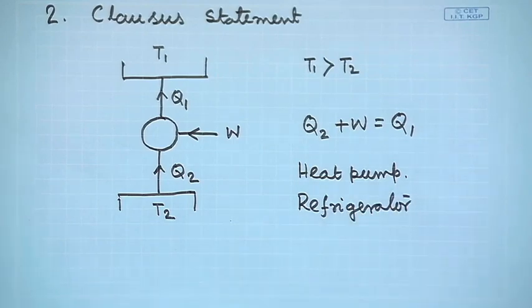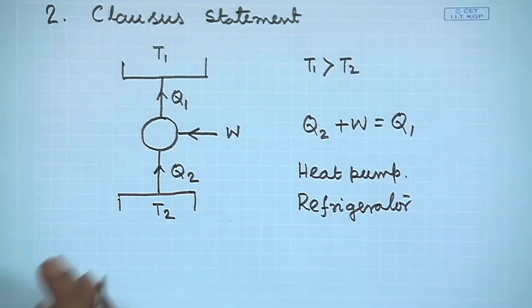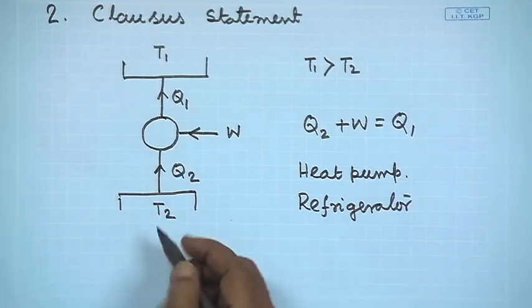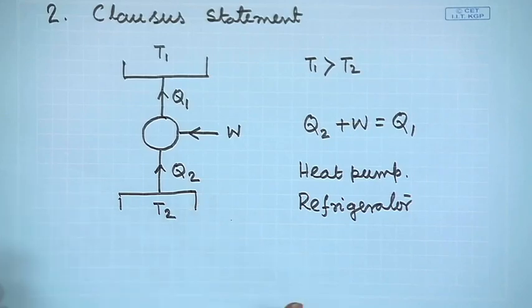So, a refrigerator creates low temperature. What we can see from this example is that we are taking heat from a low temperature body which is at T2. So, it is helping us to maintain that low temperature.